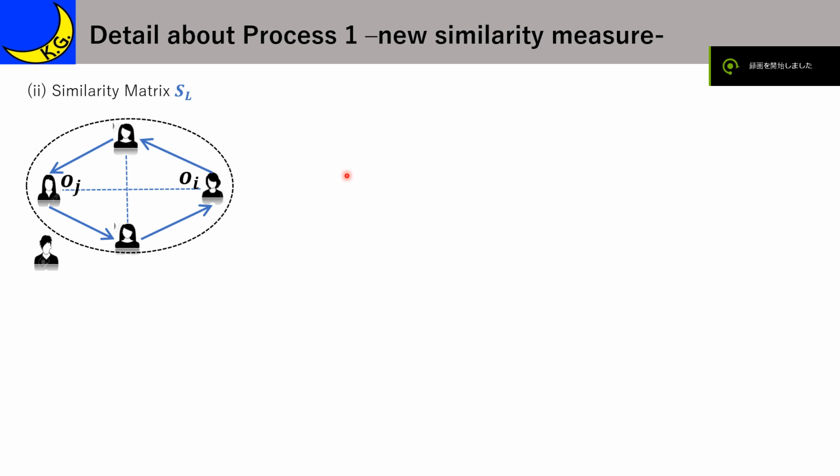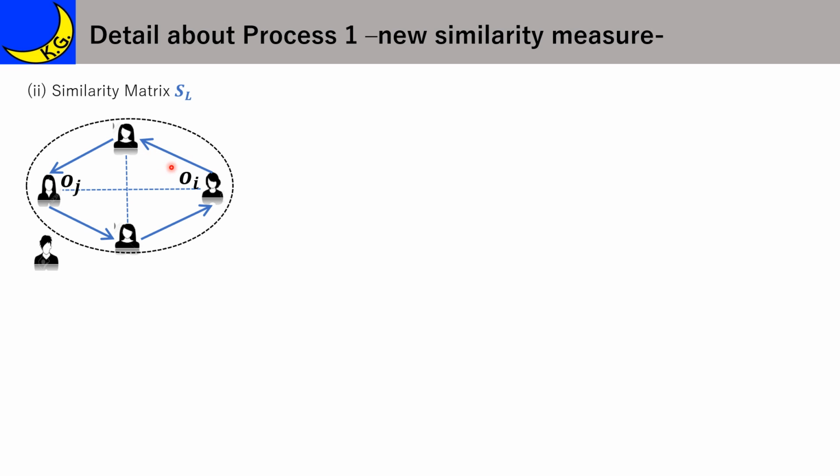Next, I'm going to talk about how to derive similarity matrix SL. First, I discuss the concept of the similarity measure for SL. For the network shown on the left side, the directed relationships between the objects indicated by the blue solid arrows become a similarity.